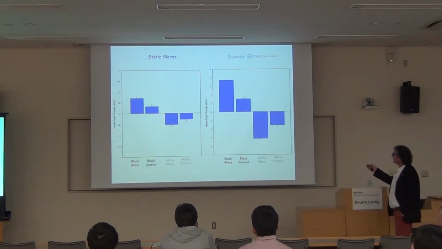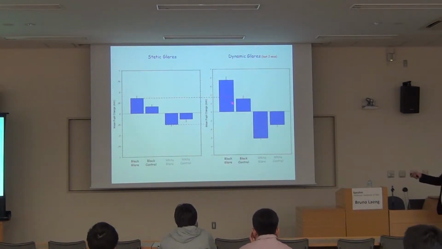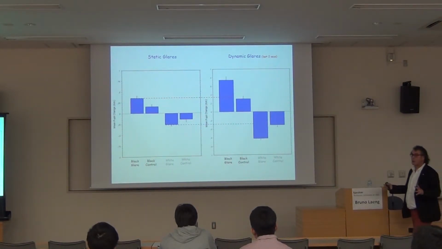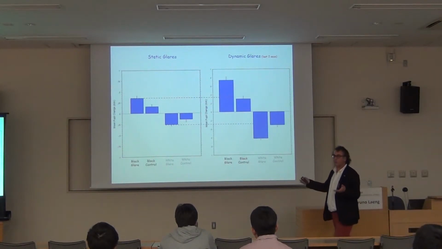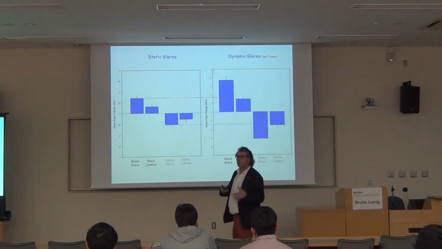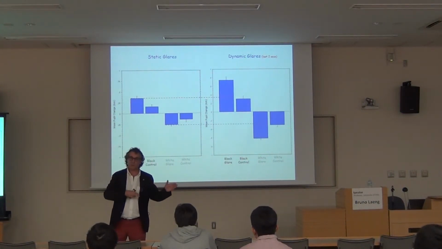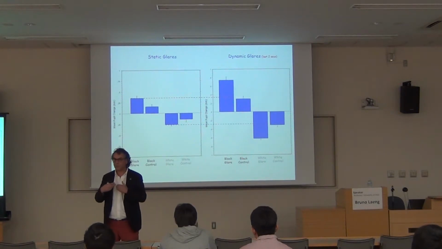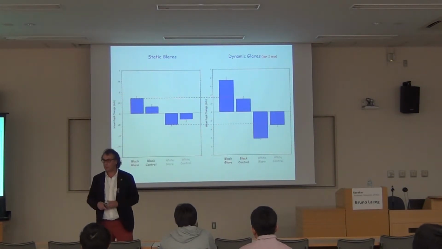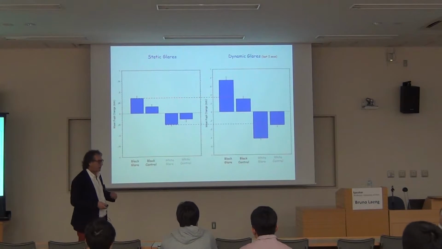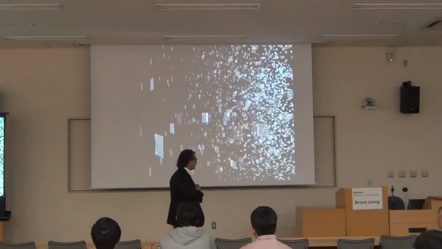But when we look at the dynamic stimuli, we see that the effect of both the black and the white glare is amplified. It's about double the original effect, which is consistent with what researchers investigating the Ebbinghaus illusion reported: that the illusion was rated subjectively as double the strength of the original illusion. So it generalizes very well to this situation.